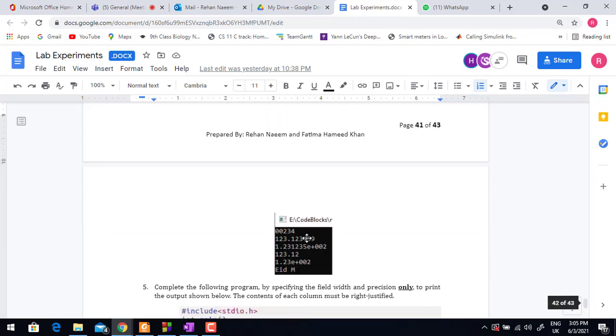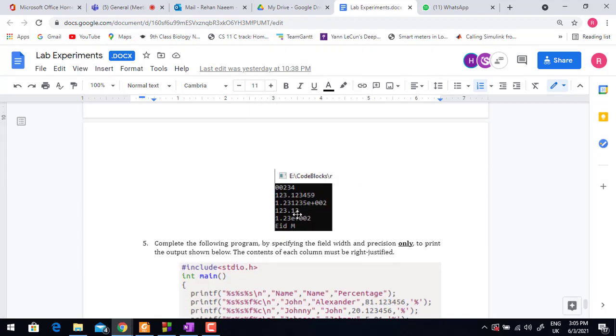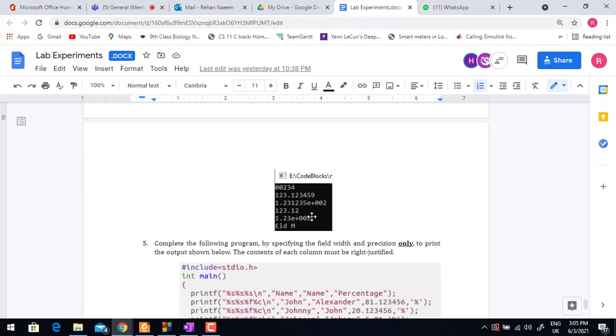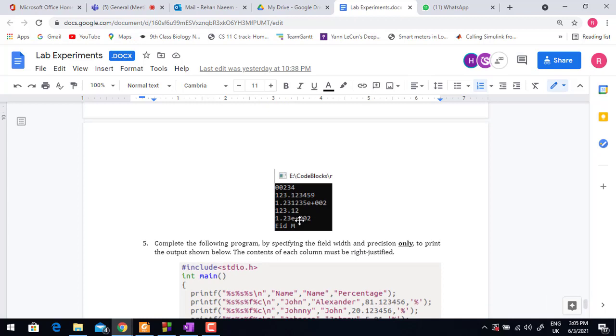Then you have to display 123.123456 with some digits discarded, and then you have to display the string Eid Mubarak, where UBARAK are discarded. Only Eid, white space and capital M are to be displayed at the output.